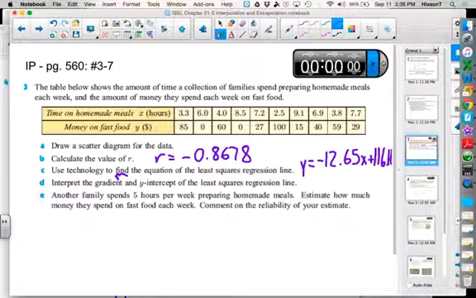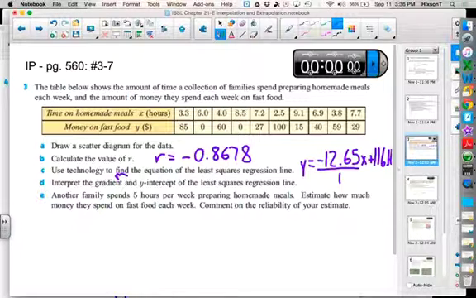Y is money, right? So every hour you spend cooking is going to save you $12.65 that you would have spent on fast food, theoretically. So it's minus $12.65 in money for every hour you spend cooking. The 116, what's that? Our y-intercept. If you spend 0 hours cooking, that's how much you spend on fast food. If you didn't cook at all at home, that's about how much you'd spend on fast food.